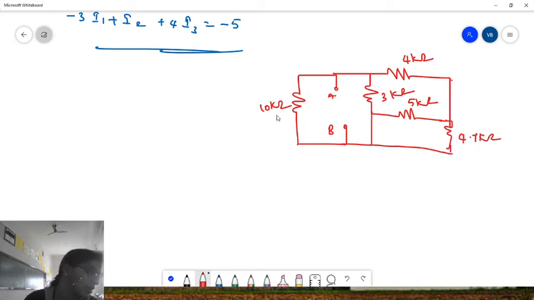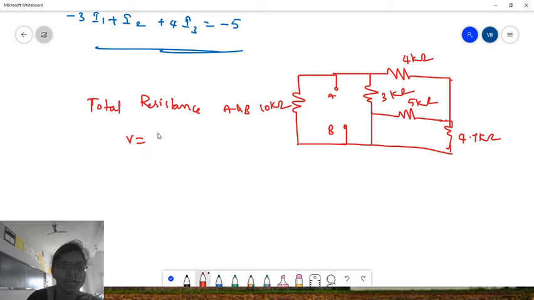So find out the total resistance at the A and B terminals, and the voltage source which is connected is 6 volts.